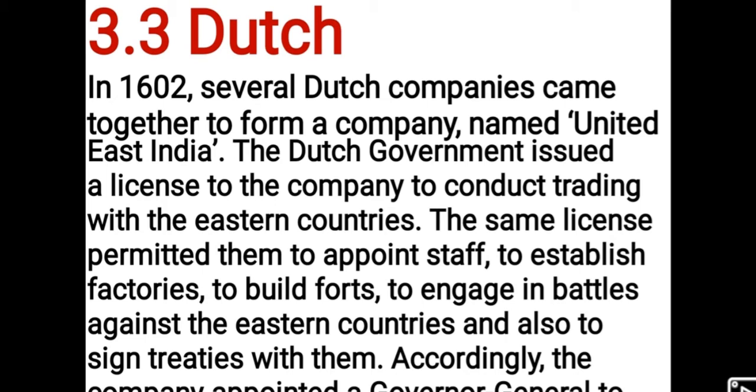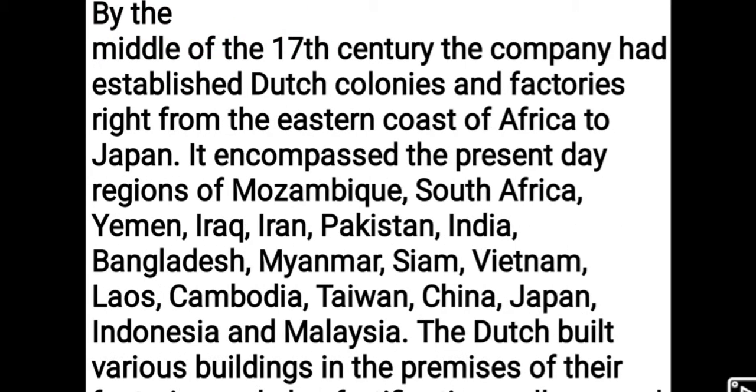Now moving further, by the middle of the 17th century, the company had established Dutch colonies and factories right from the eastern coast of Africa to Japan. I hope the map was visible to you.